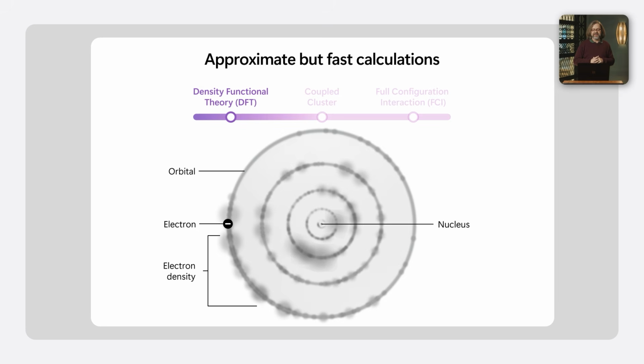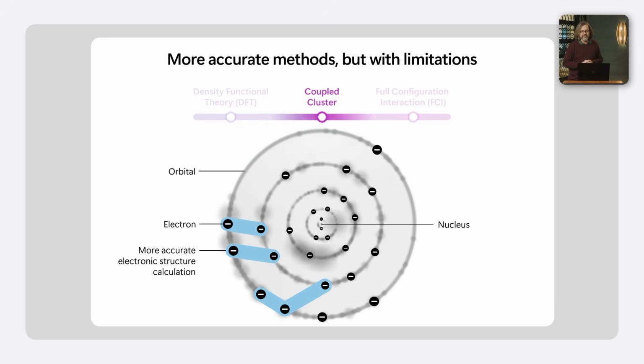And that's not the case during chemical reactions. That's why then we at least go to coupled cluster methods, where we capture correlations between 2 electrons, 3 and 4. So we capture some limited entanglement between a few electrons that can be good enough in some cases.